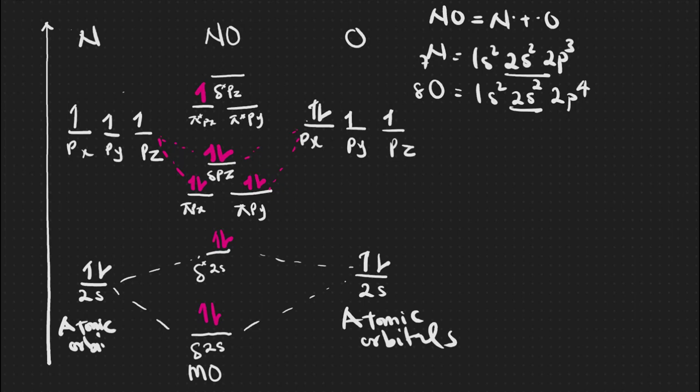So now the molecular orbital electronic configuration will be, we have sigma 2s, can you see 2? Then we have the sigma anti-bonding 2s and it's having 2.